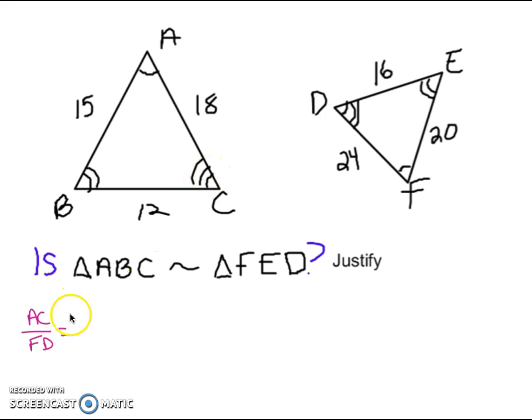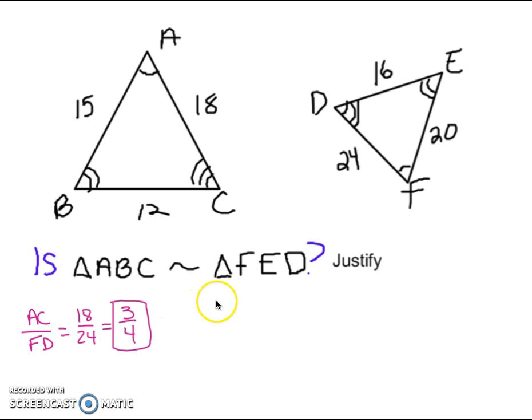So AC is 18 and FD is 24. So this would reduce down to 3/4.